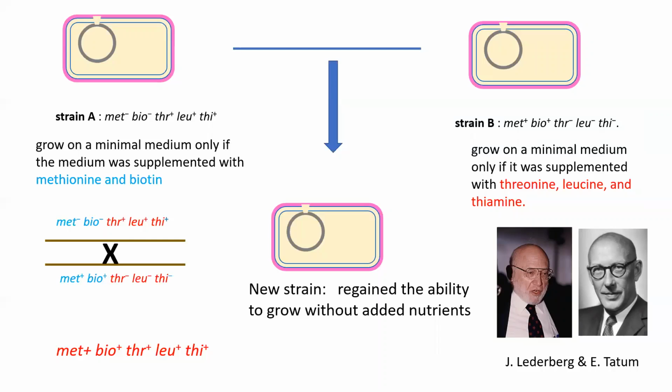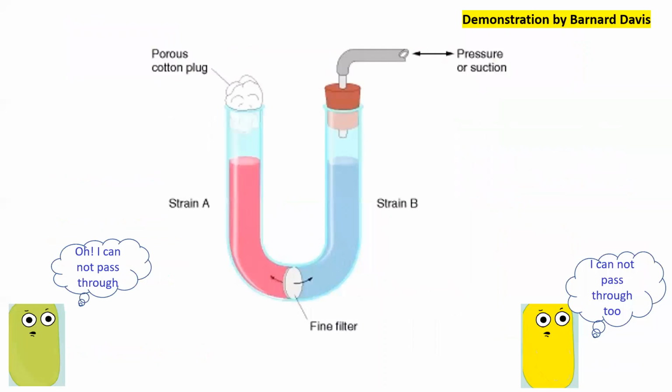From here, they concluded that probably a genetic transfer has taken place, genetic recombination has taken place, and that has been accomplished through bacterial conjugation. In another experiment, Bernard Davis constructed a U-tube, the base of which was separated by a filter. He kept the culture of each strain at each arm of the tube.